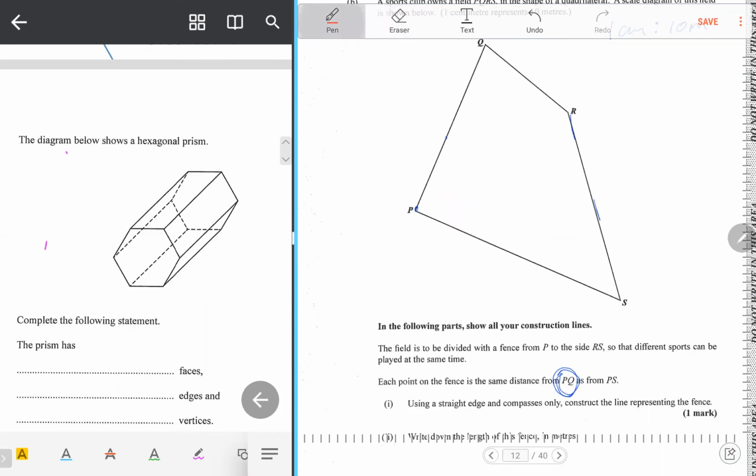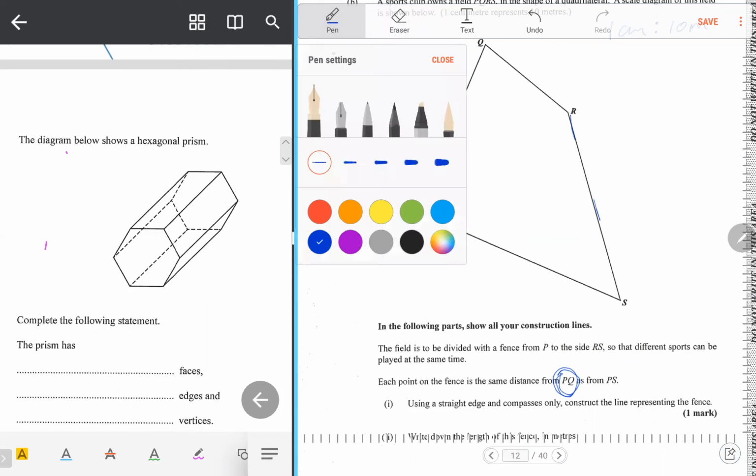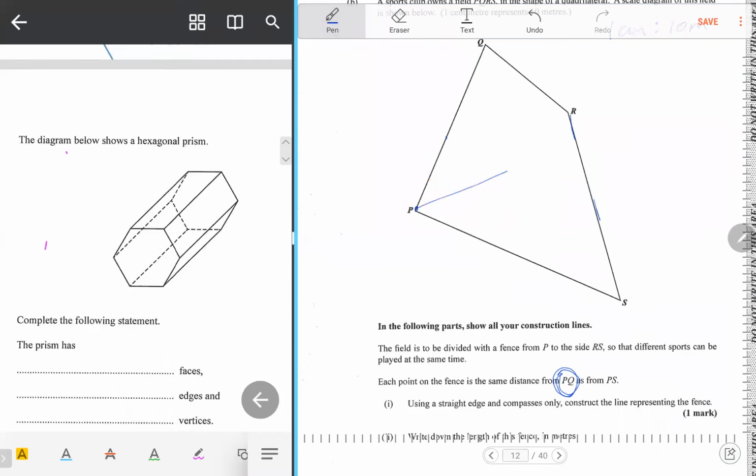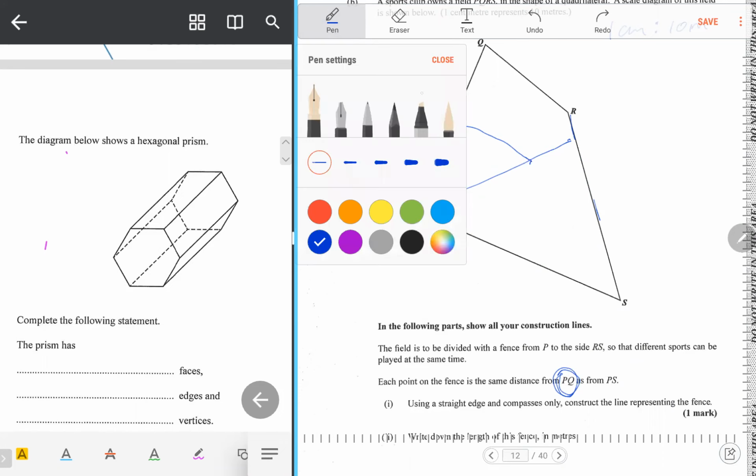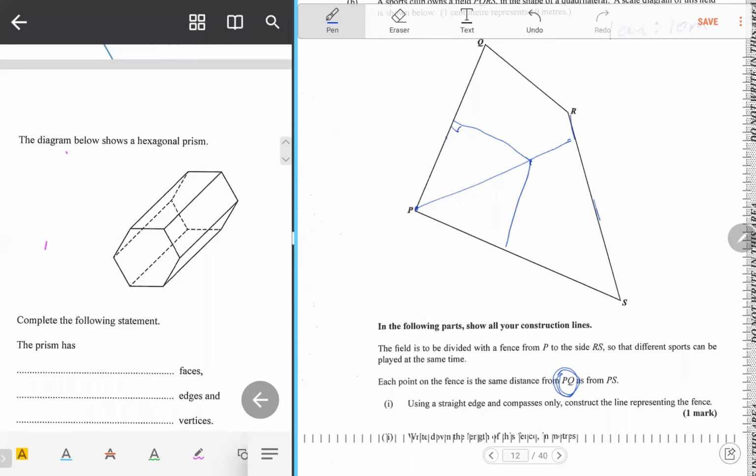So let me sketch it again. All right, so when you draw a fence from here to here, the perpendicular distance to any point on this side must be the same as the perpendicular distance on this side.